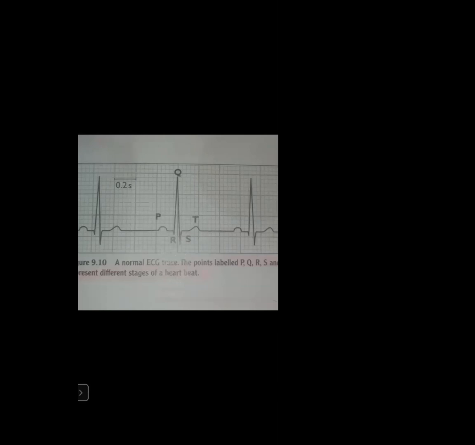Because P represents atrial contraction, the atria contract before the ventricles. And this makes sense. When the atria contract, they squeeze the blood into the ventricles. And then when the ventricles contract, they squeeze the blood out through the aorta and pulmonary artery. So that just makes sense, right?